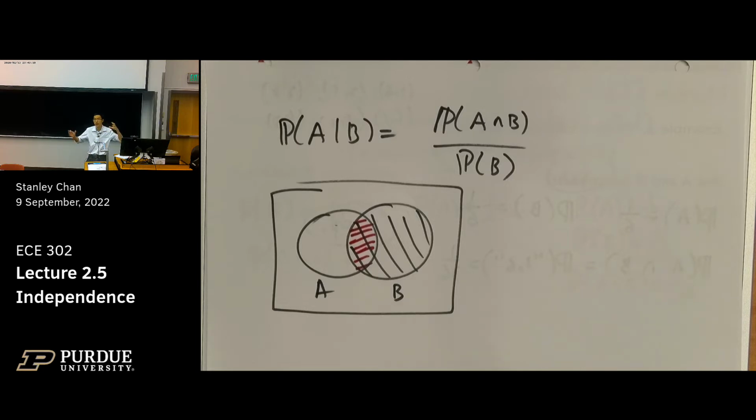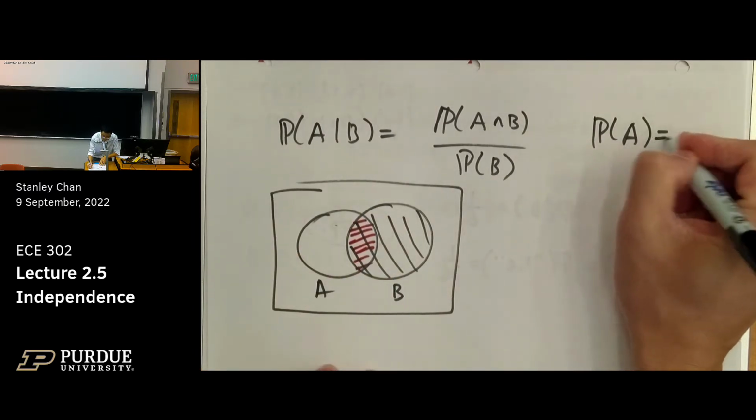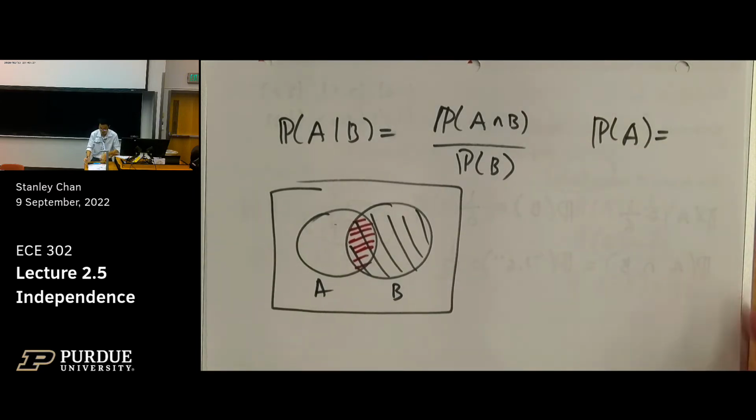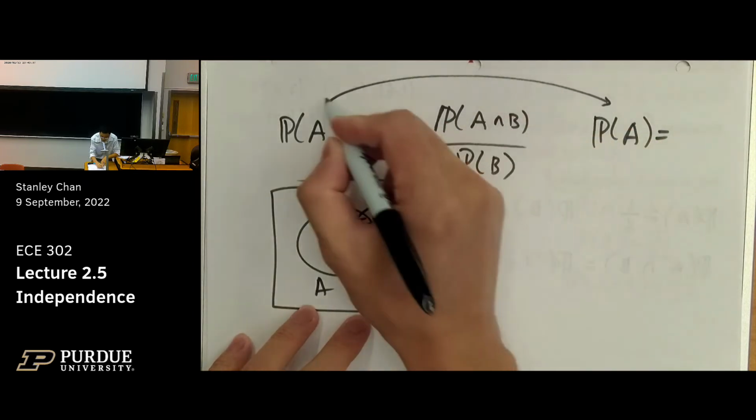Okay, so you're collapsing many events, many possible outcomes into a number. Remember that. It's a number, and the number is a ratio. So what is the probability of A? The probability of A is, of course, just A. Now. Why do we say that 2 events are independent? Well, we say that the 2 events are independent when these 2 are the same.